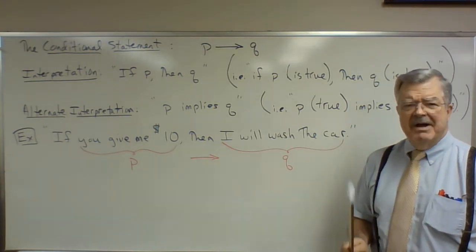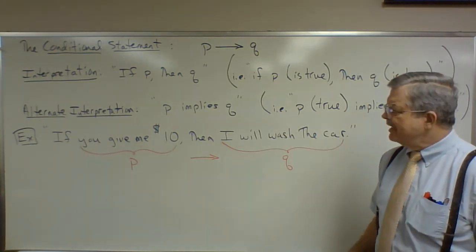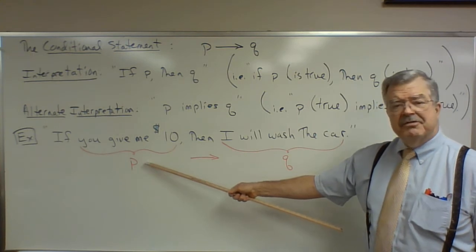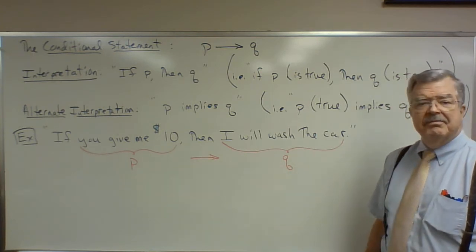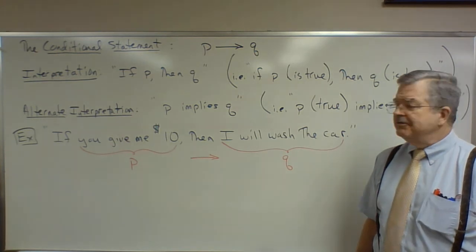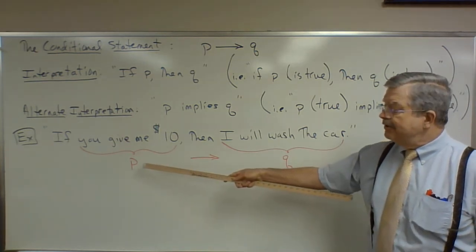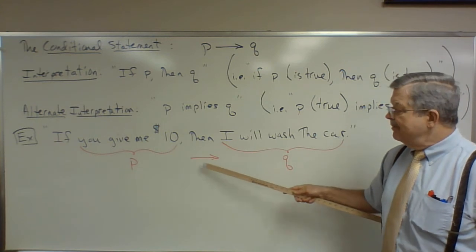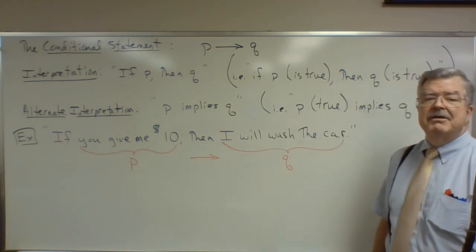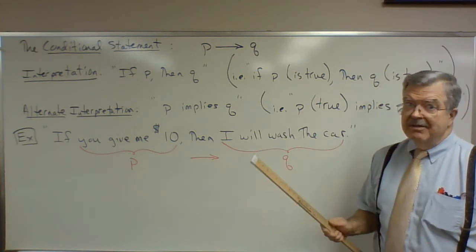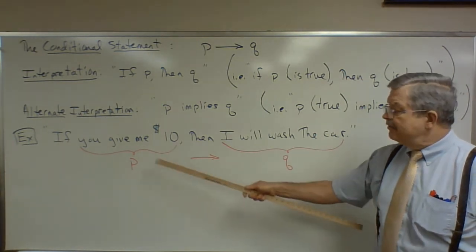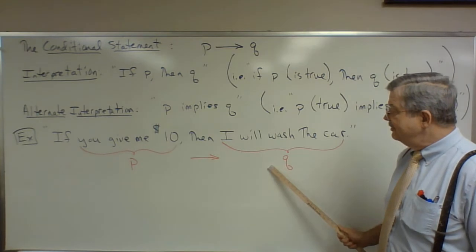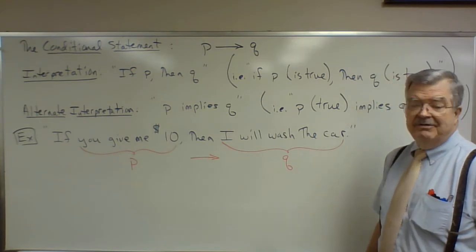I lied to my father. So if P is true and Q is false, then the statement is false. In other words, if we have a true statement implying a false statement, the compound statement is false. True implies false equals false.